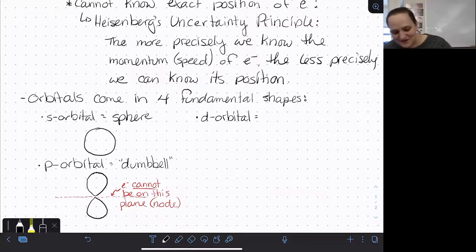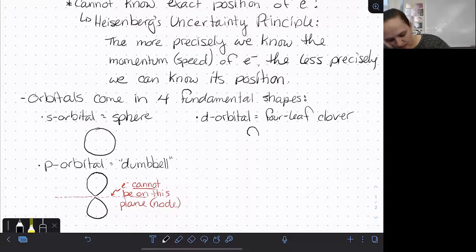So the d orbital kind of, if we took our sphere and we cut it in half horizontally to make our p orbital, now if we take that sort of dumbbell and we chop it in half vertically, what we end up with is a kind of four-leaf clover shape. So we're adding another plane where our electrons are not allowed to be, and we now end up with four lobes that kind of point towards the corners of a square.